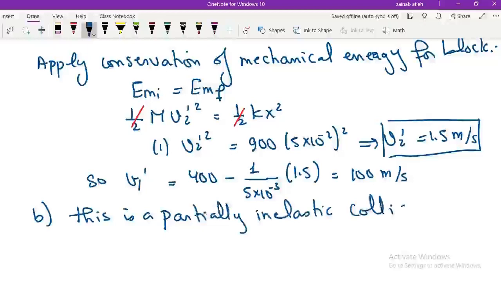Because the bullet deformed the block, it passed through the block, and it did not stick to the block. If the bullet sticks to the block, this is a completely inelastic collision. When it pierces the block and comes out the other side, it makes a deformation, so there is loss of energy. This is a partially inelastic collision.